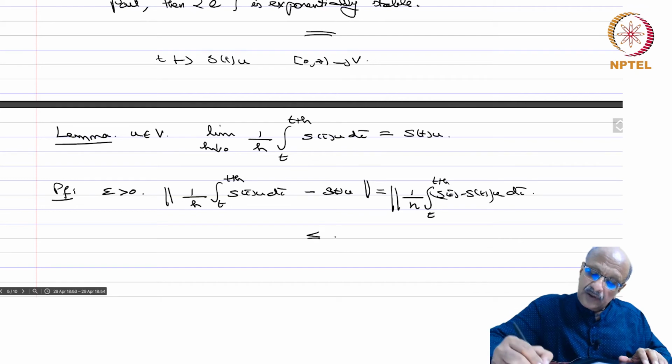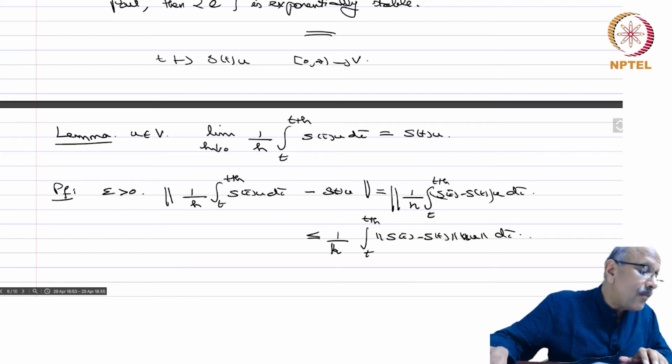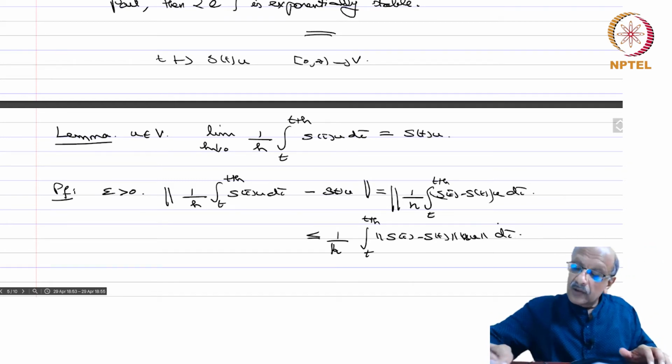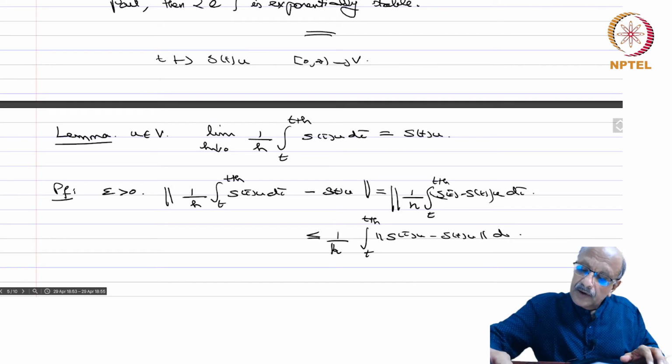And from the properties of the integral, this is less than or equal to 1 by h integral t to t plus h norm of S tau of u minus S t of u d tau.